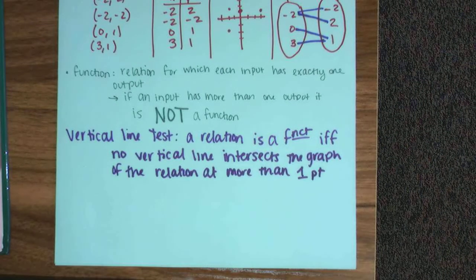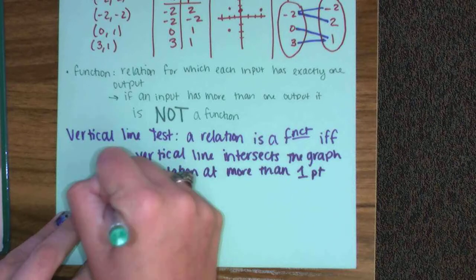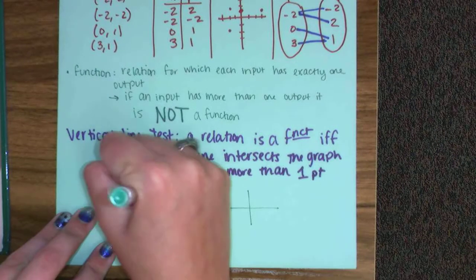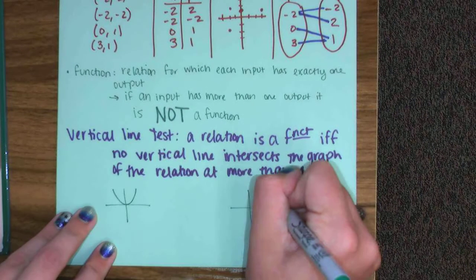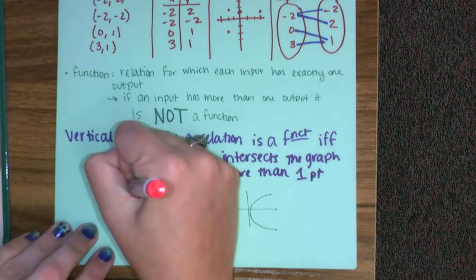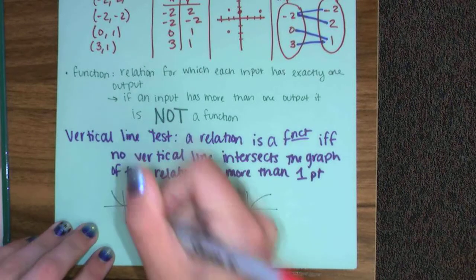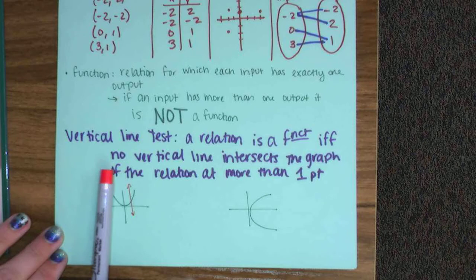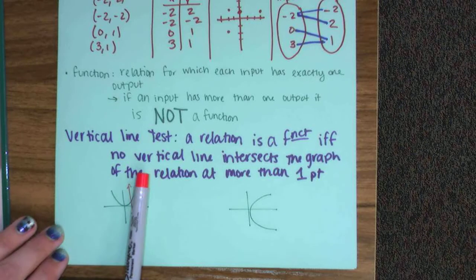Okay, so quick example of that. If I have two graphs drawn here, I have one that's a right side up parabola and then one that's opening to the right. Okay, my vertical line test would be a line straight down through it. Okay, the best way to do it is with your pencil, is to just slide it over and make sure there's no point that hits more than once.